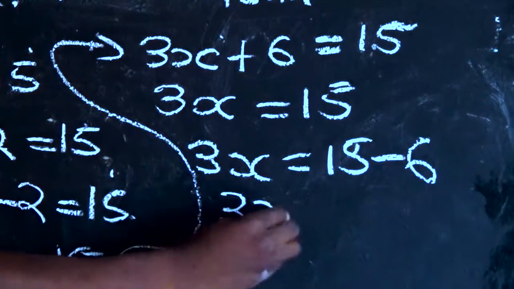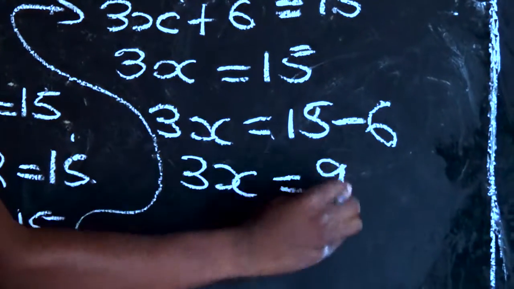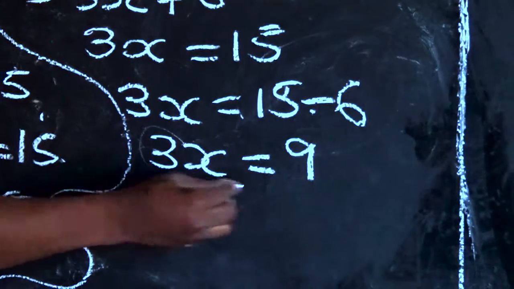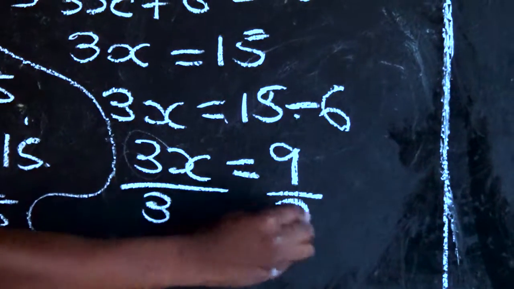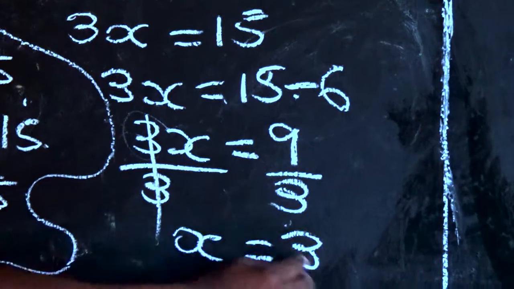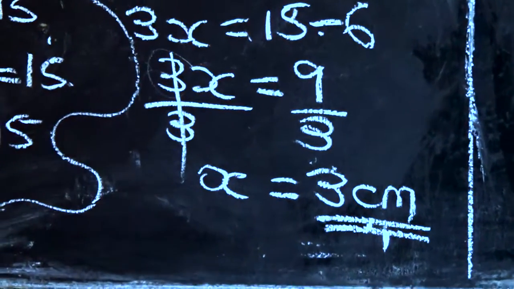And then you say 3x is equal to, what is 15 minus 6? 9. Then for us to remain with x, divide both sides by the coefficient of x, which is what? 3. 3 and 3 are going to go. X is equal to, 3 into 9 is what? 3. So 3 centimeters, this is the value of x. Are we together?